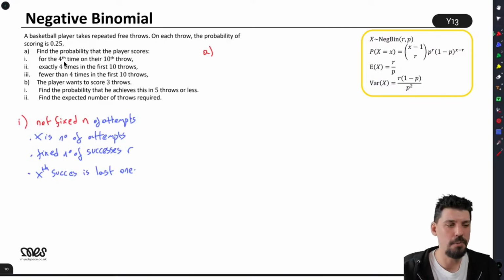Now, this is a negative binomial, but we don't actually need to know about the negative binomial to figure it out here. So he's got 10 throws, right? 1, 2, 3, 4, 5, 6, 7, 8, 9, 10. However, in these 9 throws, I need 3 successes.